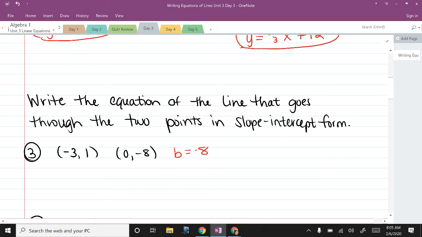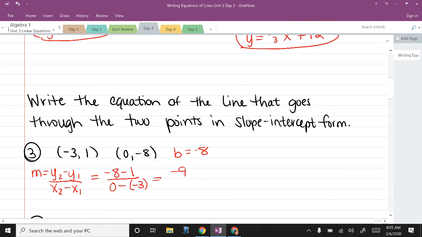How do we get m if we have 2 points? m equals y2 minus y1 over x2 minus x1. What's y2? Negative 8 minus 1 over 0 minus negative 3.